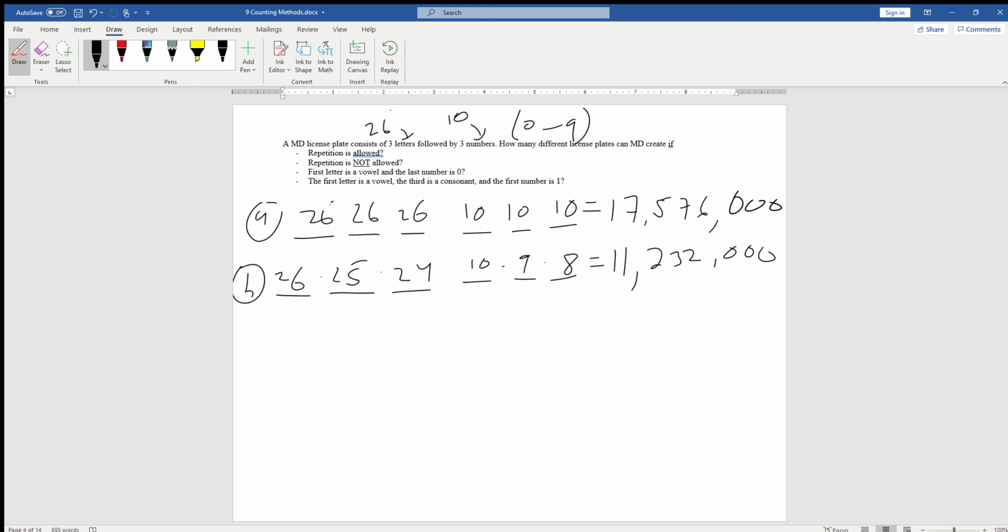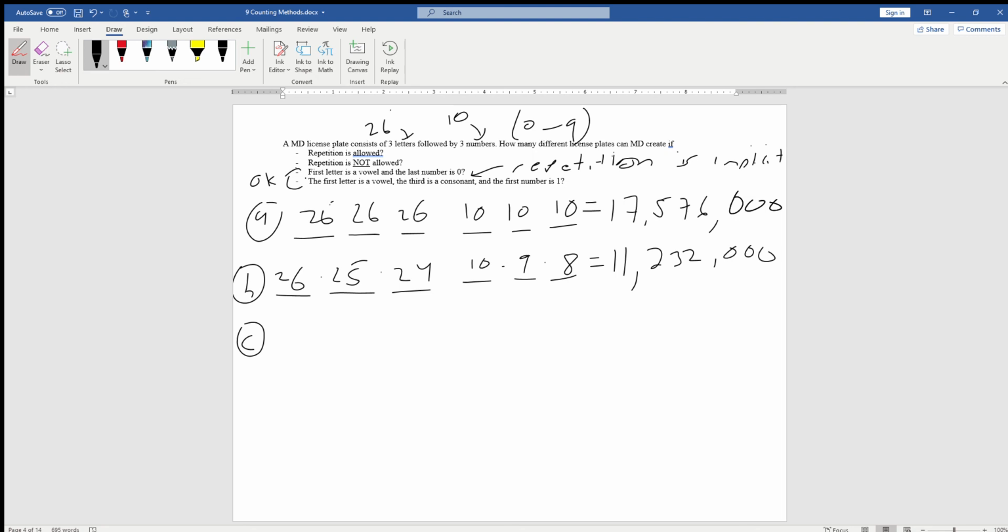What if the first letter is a vowel and the last number is a 0? Now, one of the most common errors is what I see here. The first letter is a vowel, the last number is a 0. Notice it doesn't say anything about repetition. If it doesn't say anything, repetition is implicit, so you can just assume that repetition is okay if it's not stated.